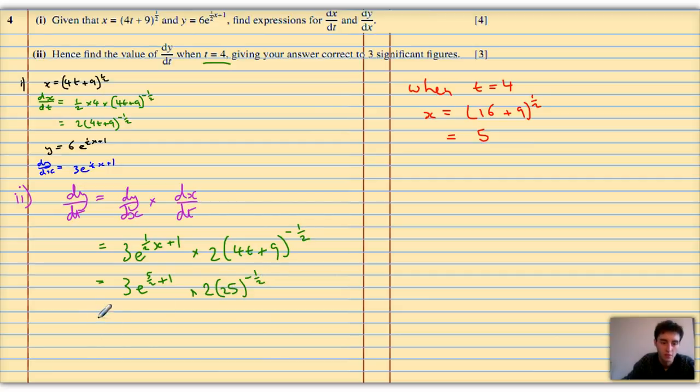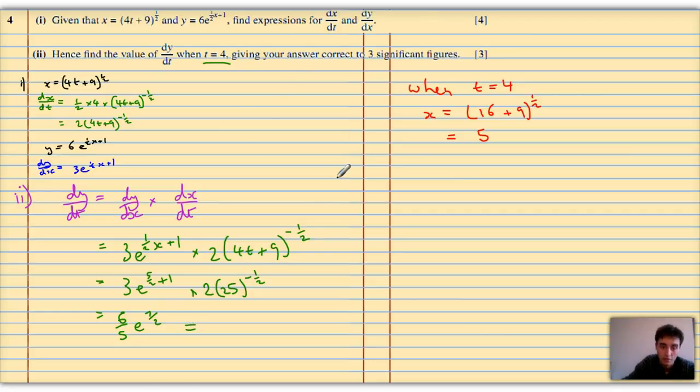Okay, I'll rewrite this a bit neater. So we know that's 1 over 5 because it's 1 over the square root of 25. So it's going to be 6 over 5 times e to the 5 over 2 plus 1. So it's going to be to the power of 7 over 2.